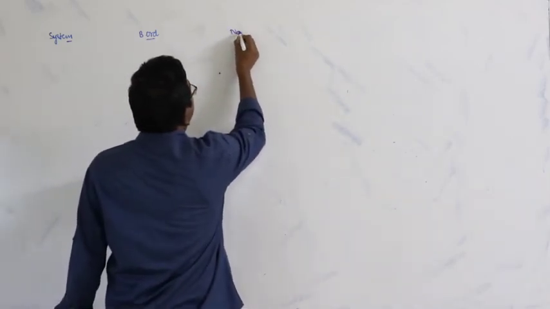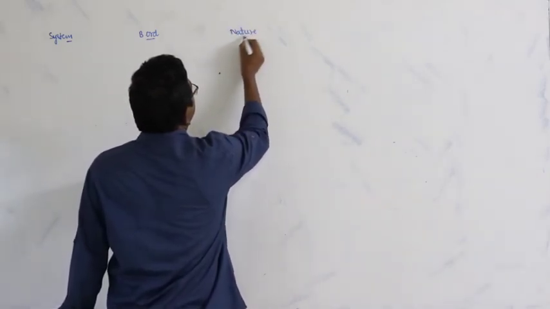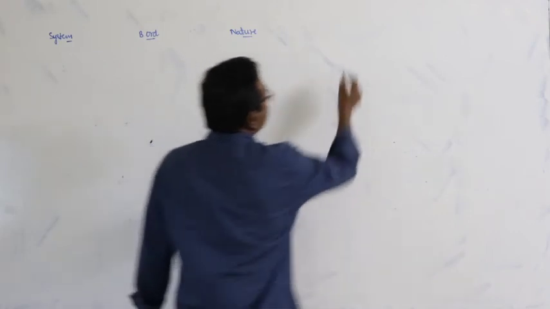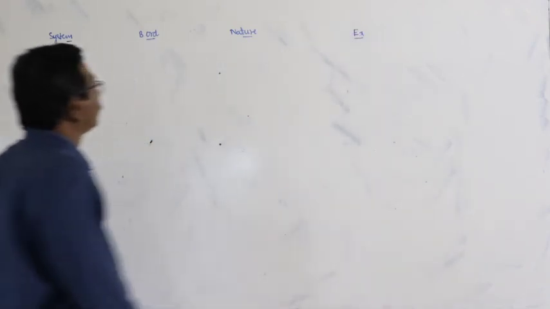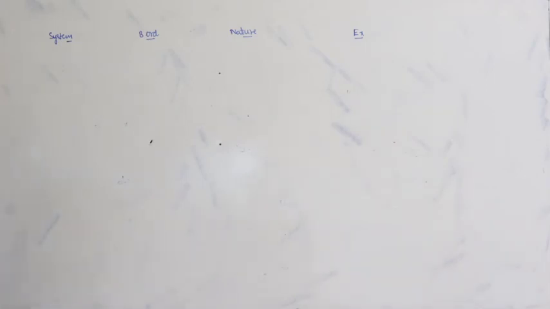And third one, nature. And the fourth one, example. Okay. What about the different species?